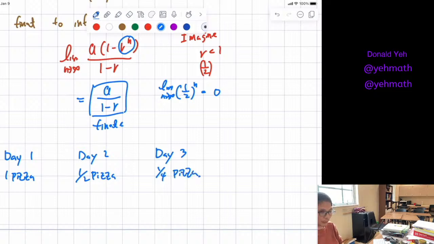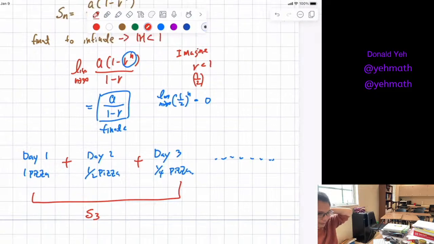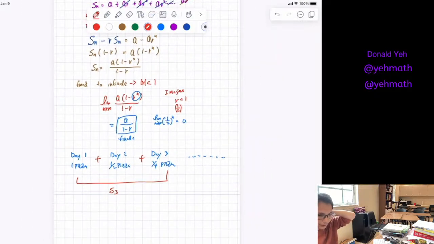Is that okay? And of course, the sequence is going down, but we are worried about series. So the series is only plus now, right? If I want to add the first three terms, would that be called S3? That's the sum of the first three terms. We want to prove it is right.